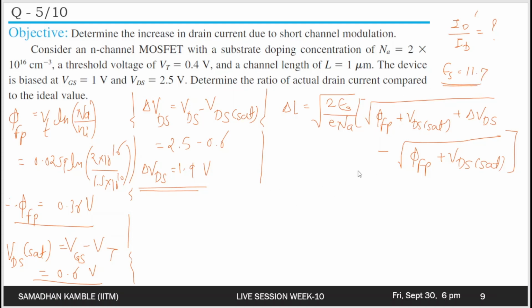So if you substitute all these parameters, epsilon s, the electronic charge, we'll get the value of delta L as 1.8 times 10 to the power minus 5 centimeter, which is nothing but 0.18 micrometer.